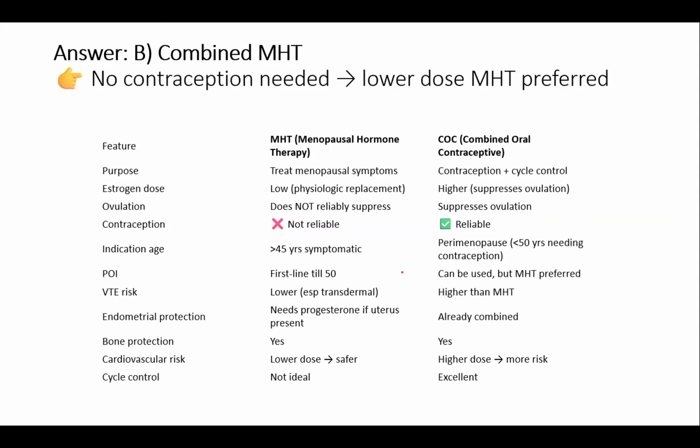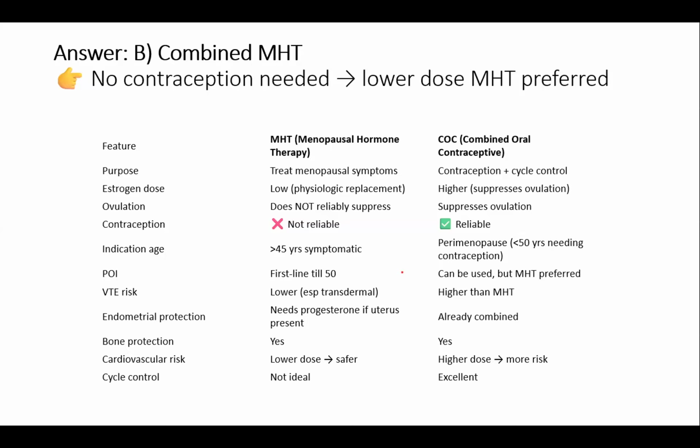Even if it is a mild symptom, if she says her quality of life is disturbed and she wants treatment, you cannot say no, it is mild only, no need for treatment, go. If the patient is insisting on treatment because it is affecting her, then you have to treat. If the patient says it's only mild, it's okay, no treatment is needed. If it is mild symptoms and irregular cycles alone, you need not treat.